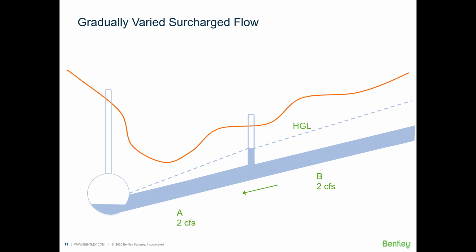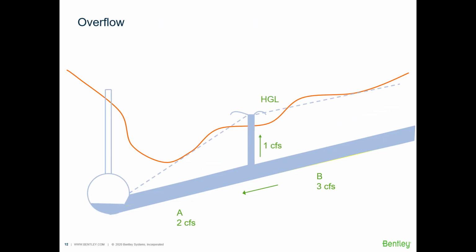Here is a similar setup as we had seen before, except we have surcharged flow here. If you have surcharged flow, normal depth doesn't exist anymore. So if you have this situation, you can adequately model it using either a gradually varied flow hydrologic method or a fully dynamic method.